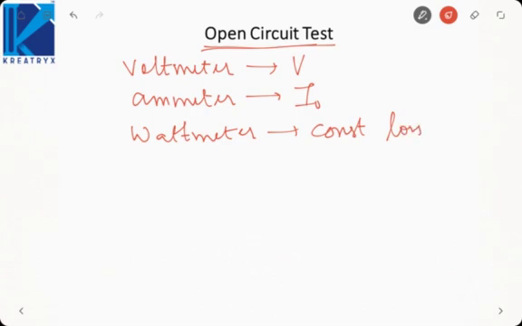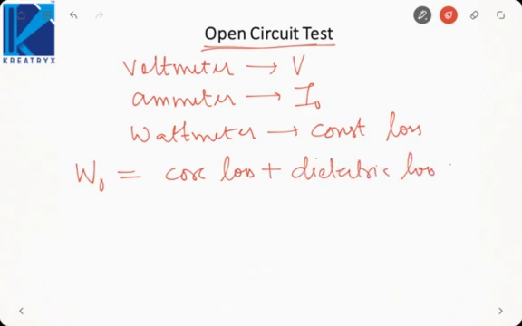The actual reading of the wattmeter, let us call it W0, will be core loss, and as I told you, dielectric loss also comes under the constant loss, plus no load primary copper loss. The reading recorded by the wattmeter will be the sum of these three losses.